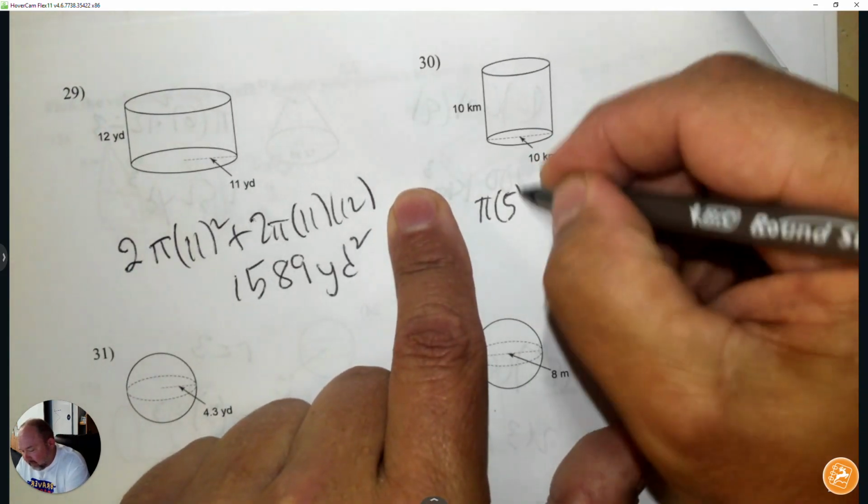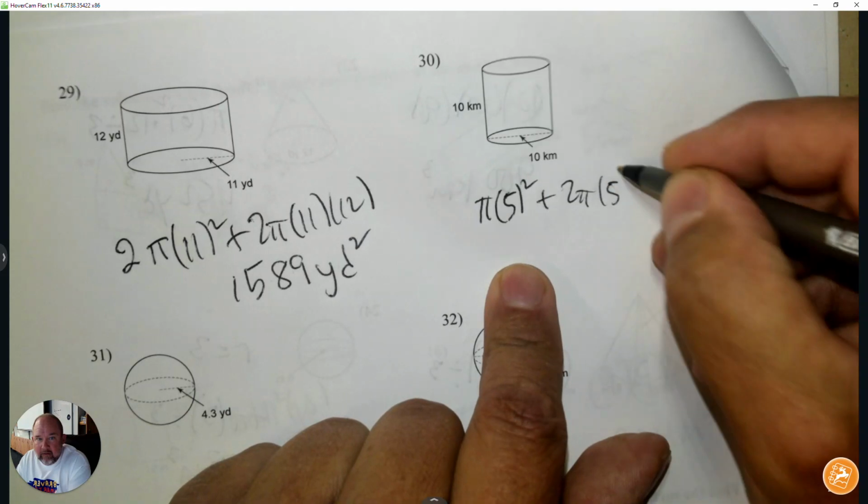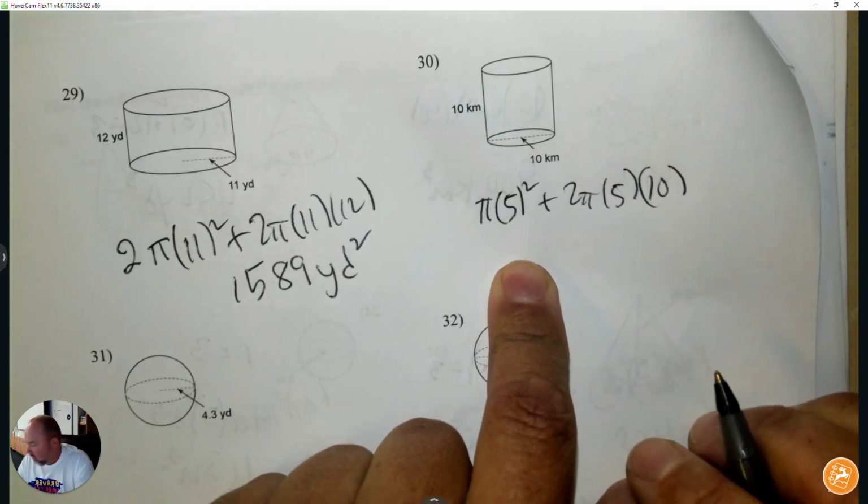Again, a cylinder. So the radius is 5. So it's pi r squared and then 2 pi r and the height. And then use your calculator.